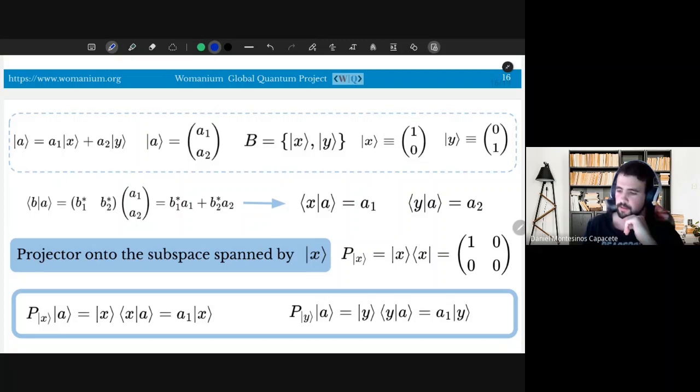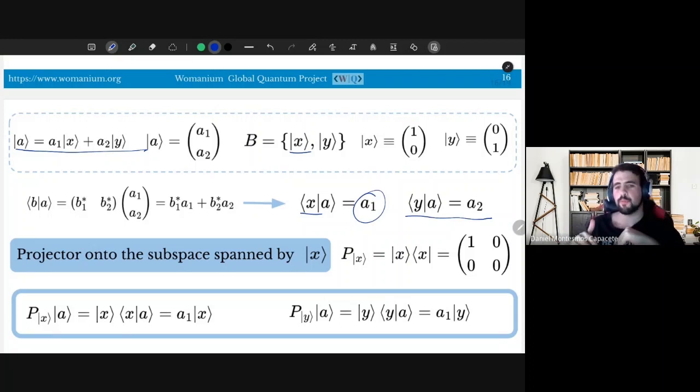So let's say you have this vector and you calculate the scalar product with x, the first vector in your basis, you will get a1, and that will be the projection onto that space. The same holds for the second vector in the basis.